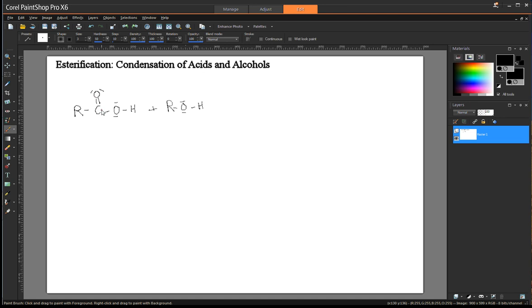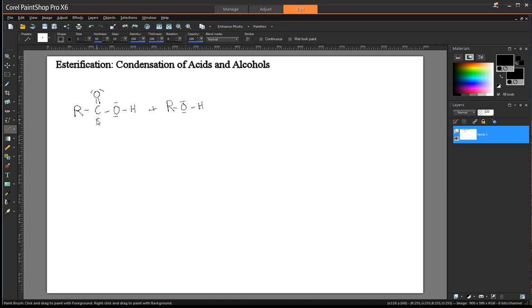When you look at this carbonyl carbon, you can see that it's double bonded to an oxygen here and single bonded to an oxygen there. Oxygen has very high electronegativity compared to carbon or hydrogen. Carbon and hydrogen are pretty similar in their affinity for electrons, and oxygen has a much higher affinity.